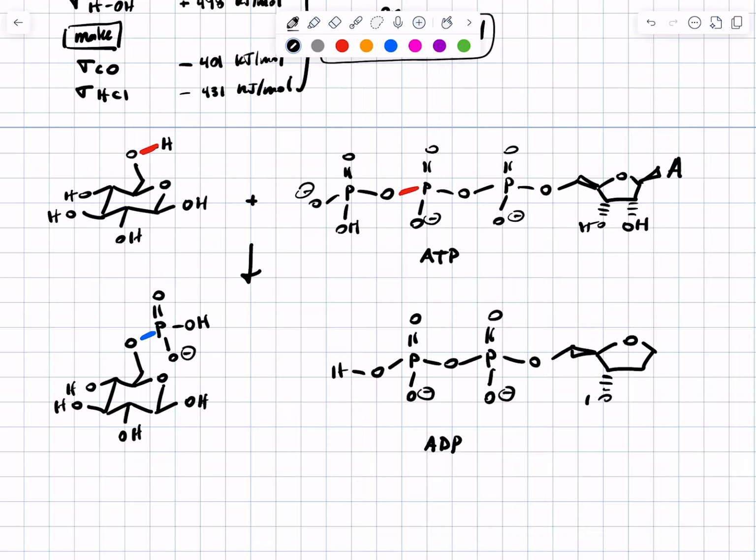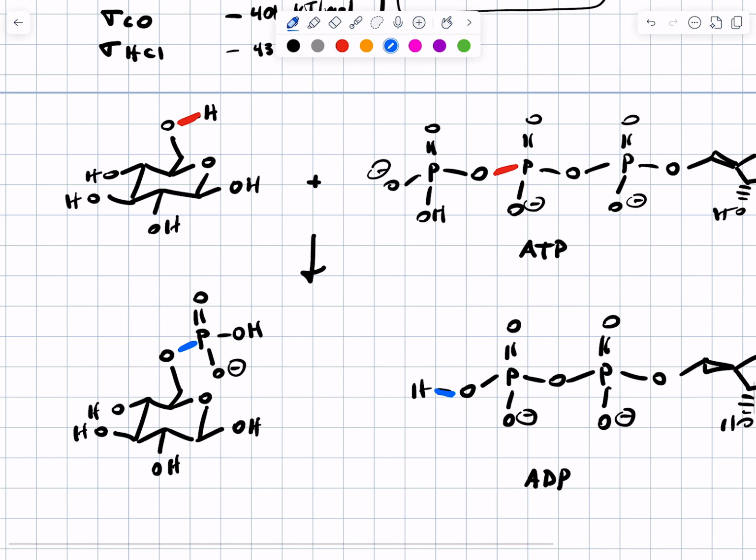And again, don't worry about the structure of ATP versus ADP. I'm just making a point here. So you have two old bonds that you broke. You broke an oxygen-hydrogen bond, and you broke an oxygen-phosphorus bond. Then you make two new bonds. You make an oxygen-hydrogen bond, and you make an oxygen-phosphorus bond.